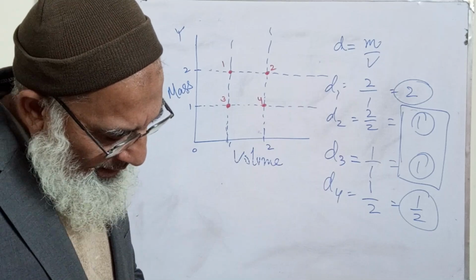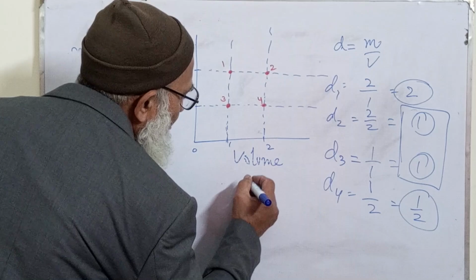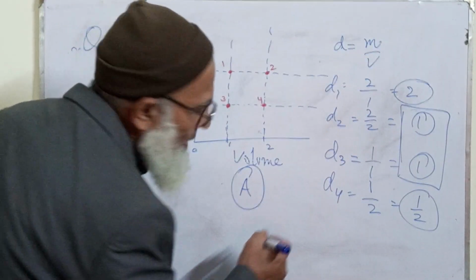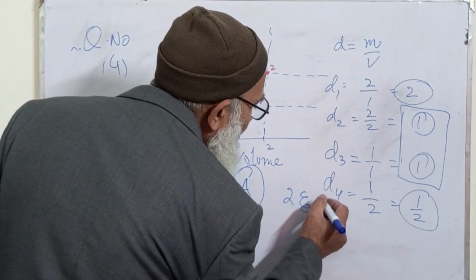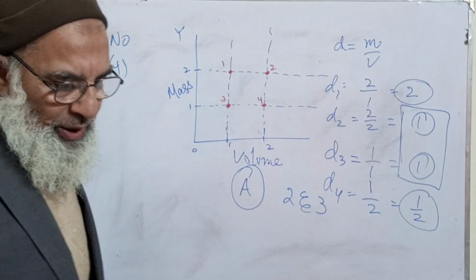So D2 and D3. The option we will select is A, because in A, 2 and 3 is given. Okay, the option is A, 2 and 3.